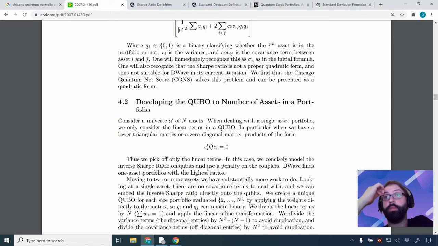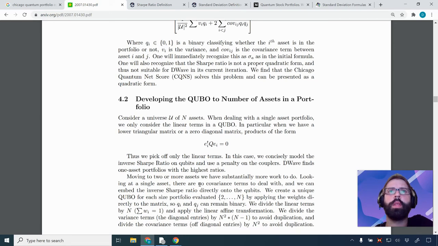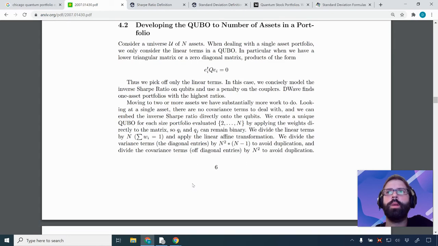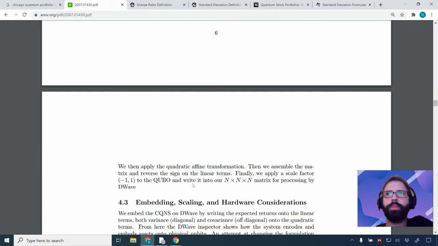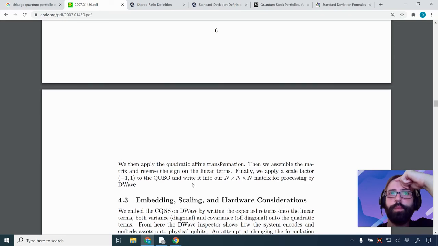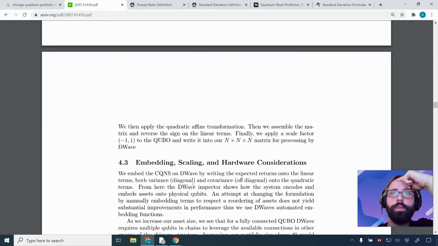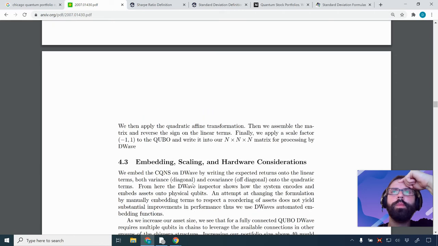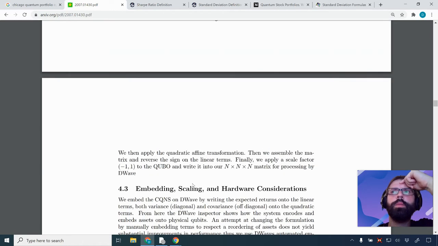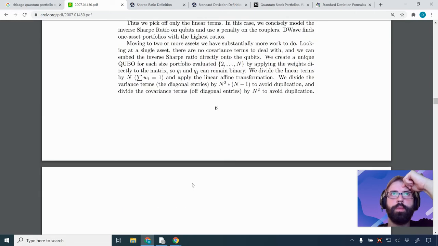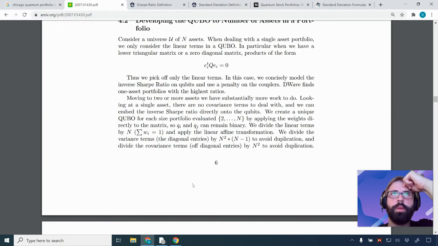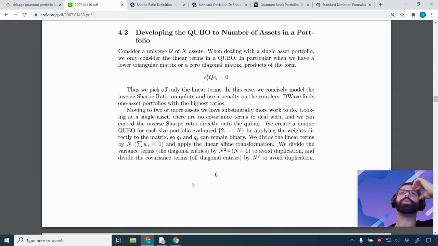Or do they explain how to develop the QUBO here? Consider the universe U of n assets.